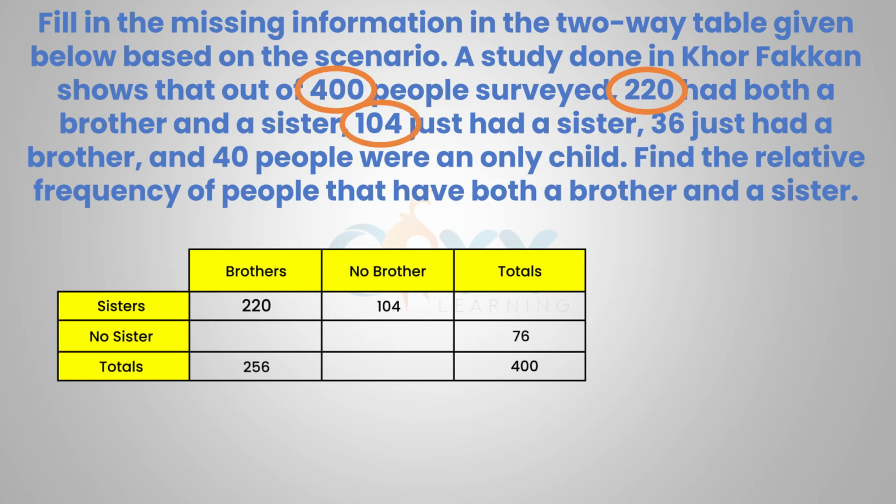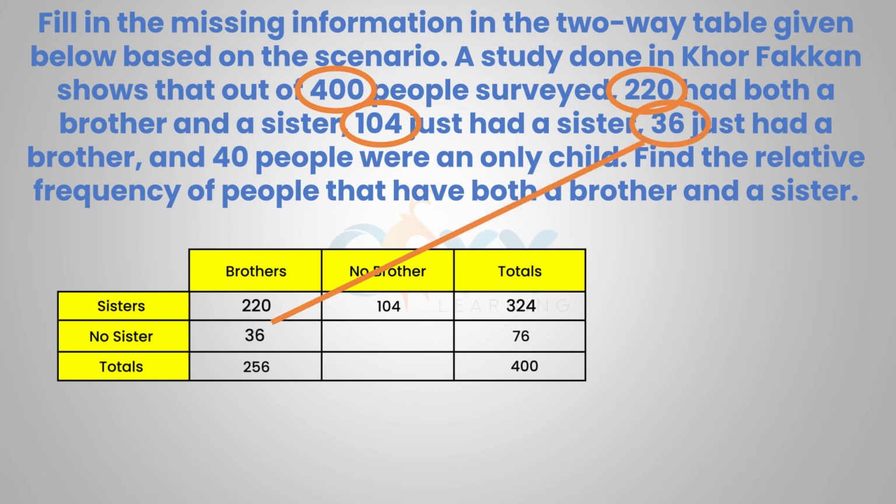There are 104 people that just had a sister, which is already listed. Knowing that our top row has 220 and 104, 220 plus 104 will give us a total in the top row of 324. Looking back at the problem, we have 36 people that just have a brother.